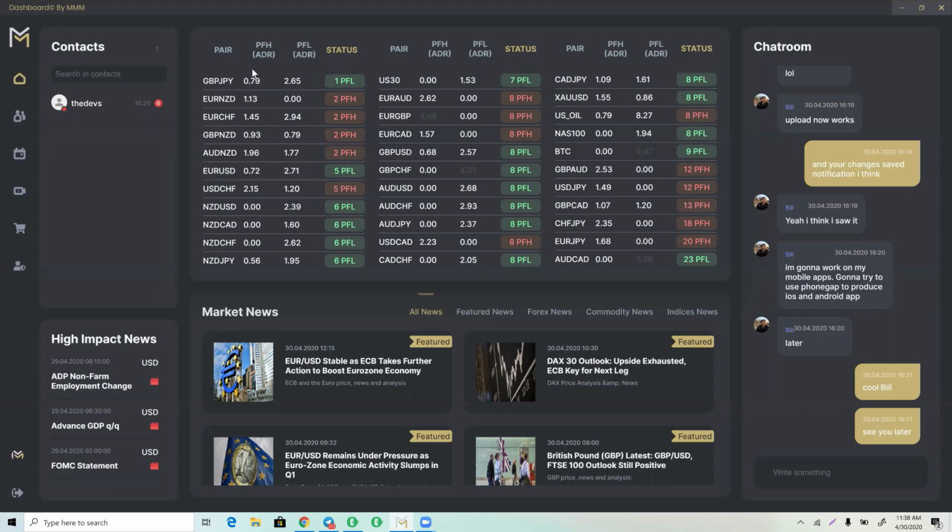The peak formation high and peak formation low numbers here really don't matter much. As you can see on Euro GBP, from the peak formation high, it's basically lighting up. This just gives us an indication that we have gone above 3x ADR from the peak formation high on Euro Pound.